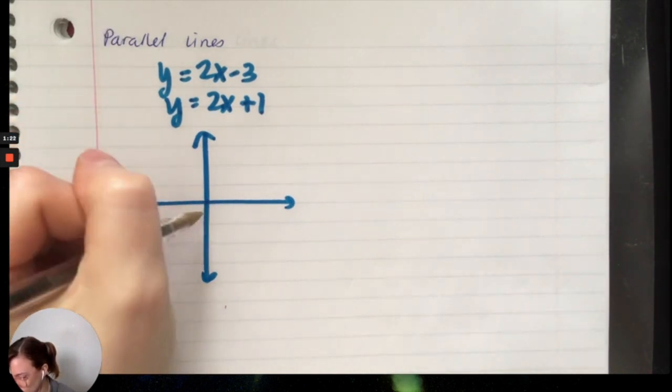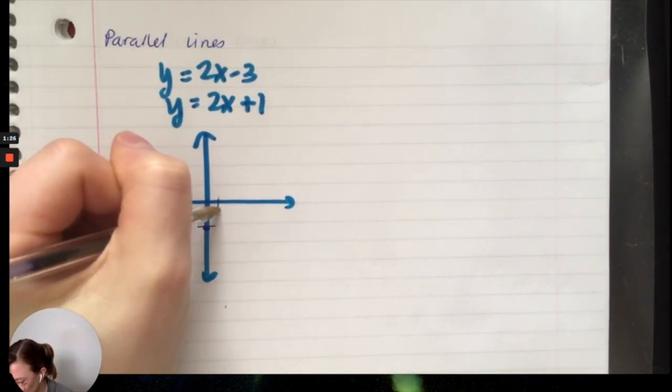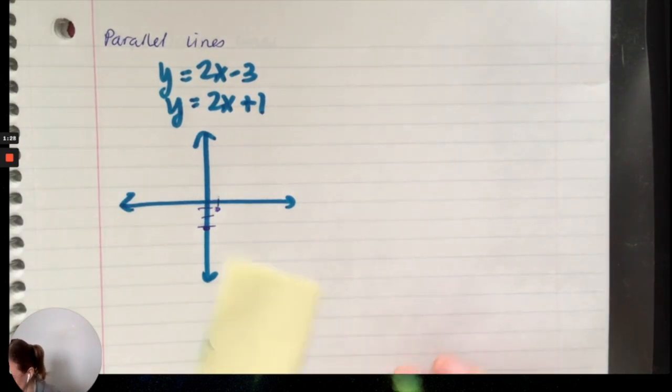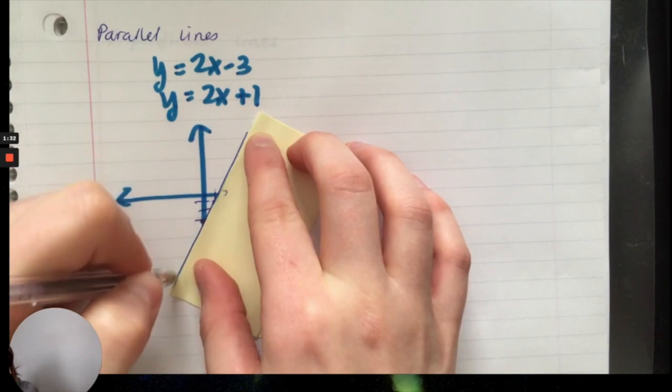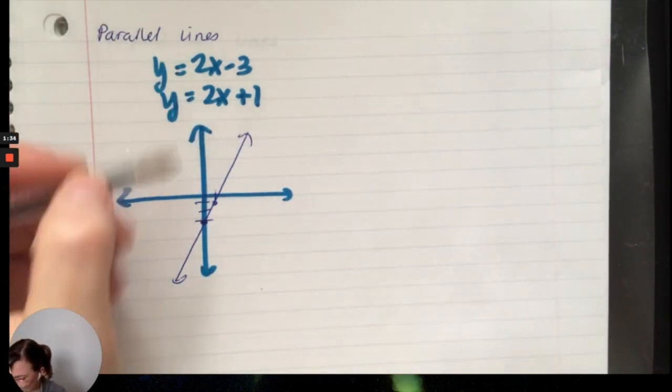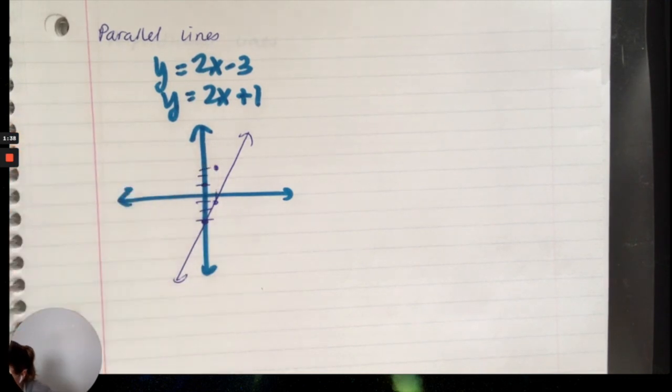All right, so for this one, go up 2 over 1. There we go. Go up 1, go up 2 over 1.